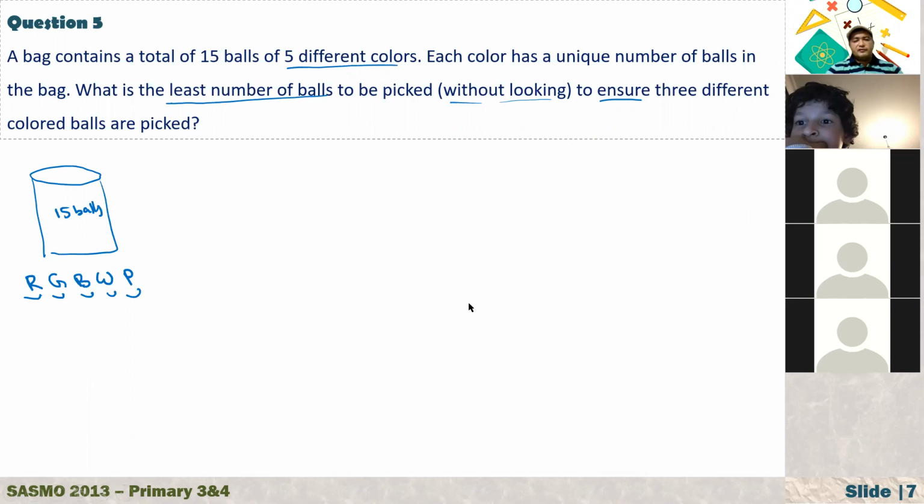Sadiq, it says 5 different colors. Sadiq, did you understand now? Yes. All right, let's do it.